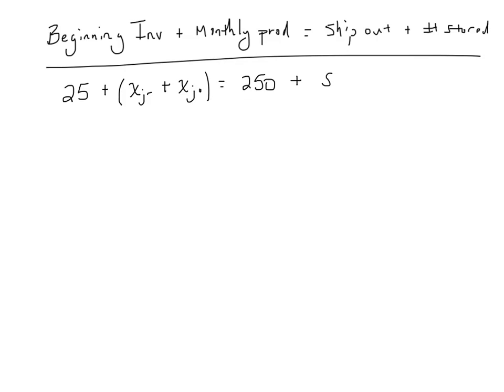Was SXJ. And then we would obviously have to rearrange terms to get all the variables on the left-hand side and the constants on the right-hand side, which we could easily do. So we need to do this for each of these. So this is July motorhomes.